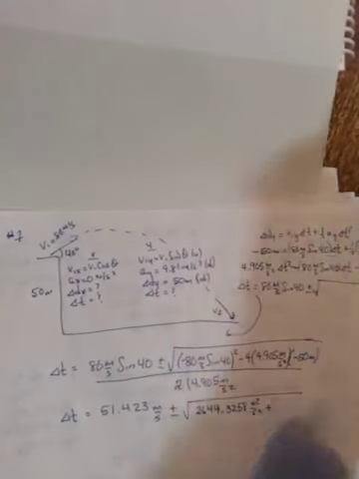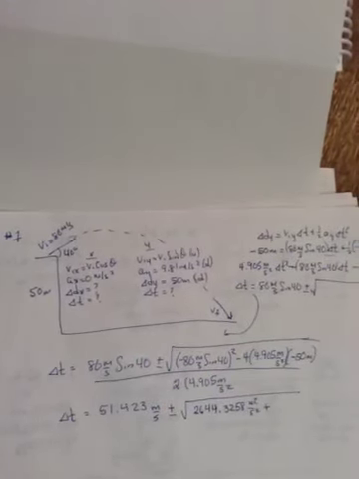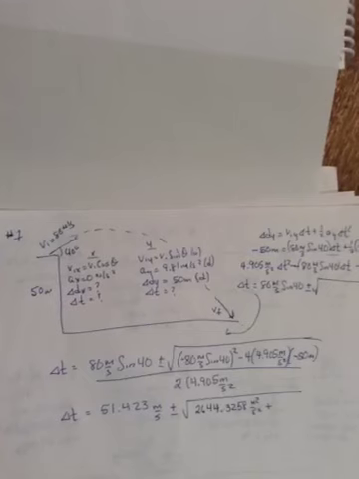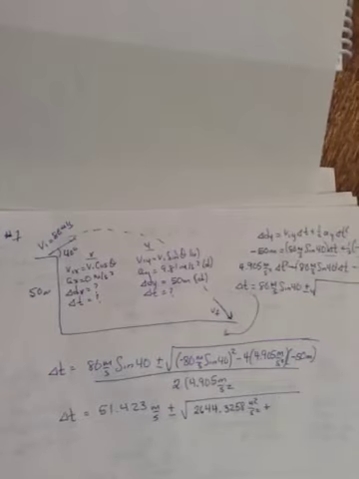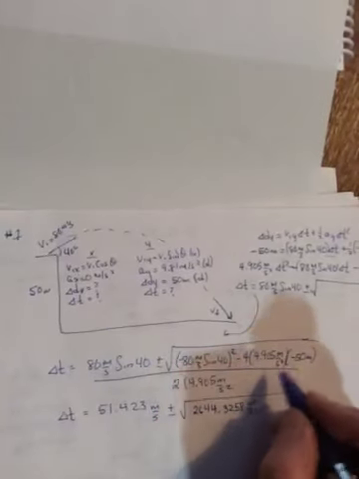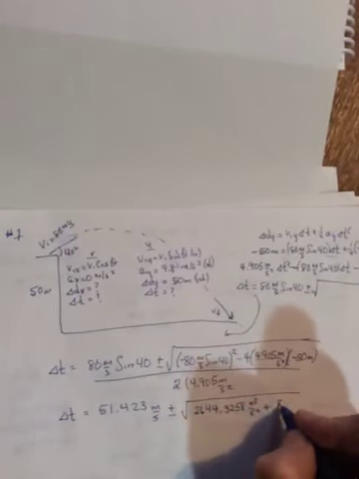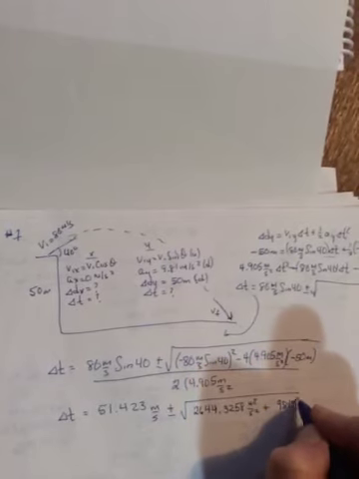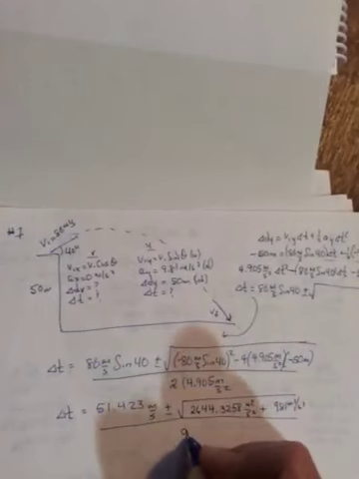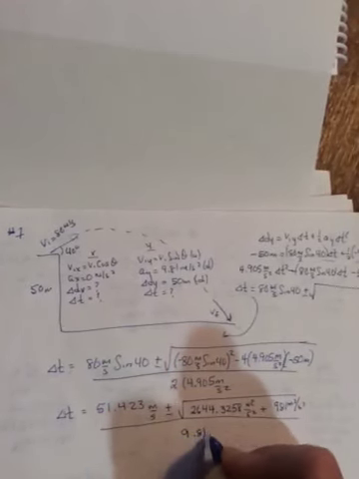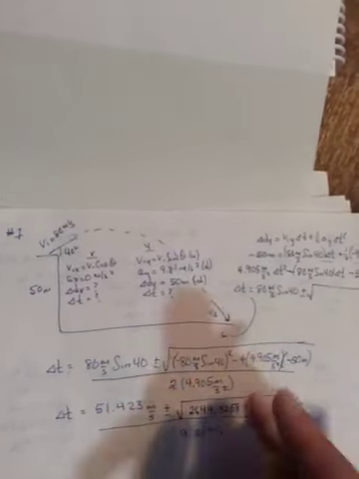Minus and a minus will be positive, so it'll end up being plus 4 times 50 is 200 times 4.905. So 100, oh, I could have done that in my head, 981 meters squared per second squared. And of course on the bottom will be 9.81 meters per second squared.